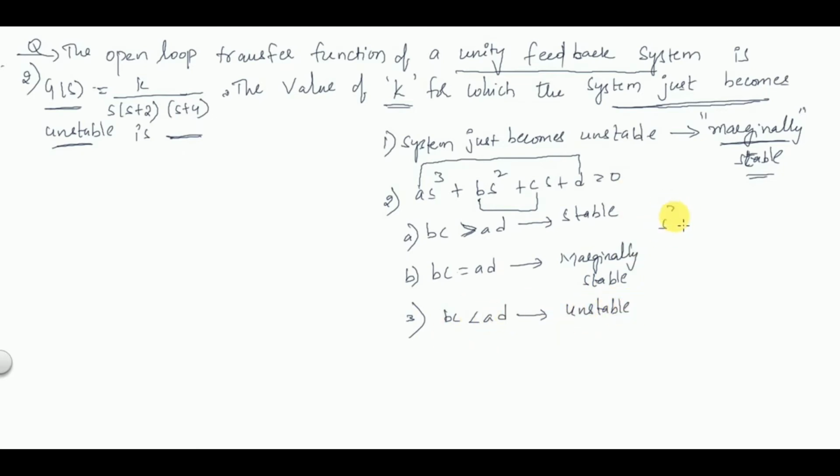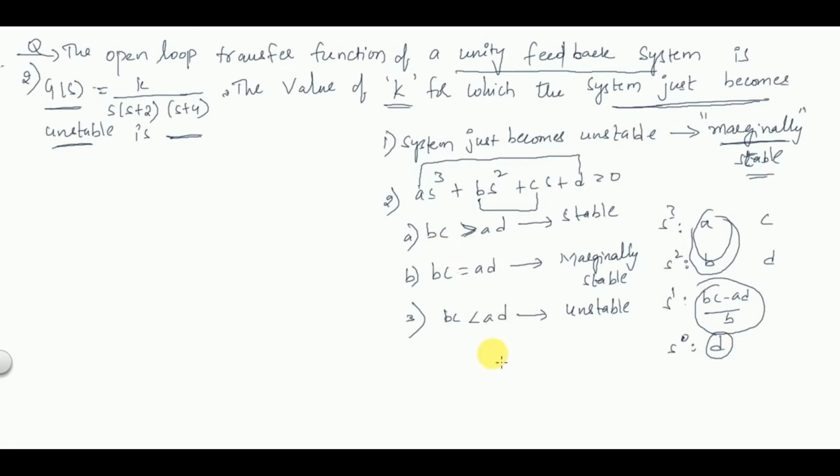This is again obtained from the RH criterion only. S cube, if you write A, C here, S square will be B, D, and S power 1 will be BC minus AD by B, and S power 0 is D. So if A, B, D are all positive, let us take that all positive, then BC minus AD must also be positive.